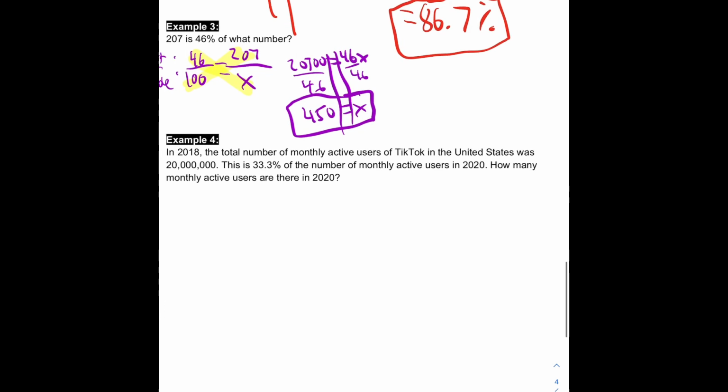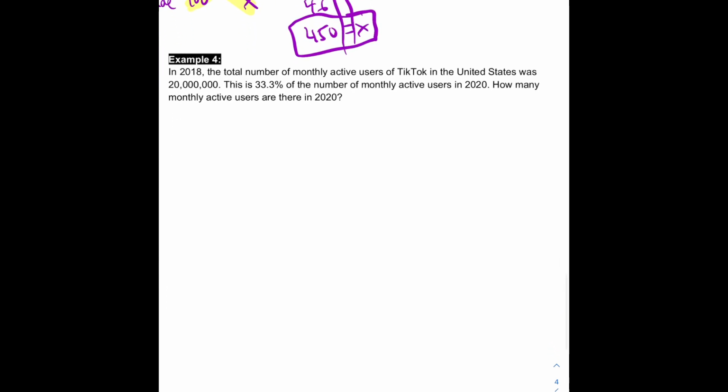Last example: in 2018, the total number of monthly active users of TikTok in the United States was 20 million. So this is 33.3% of the number of monthly active users in 2020. How many monthly active users are there in 2020?